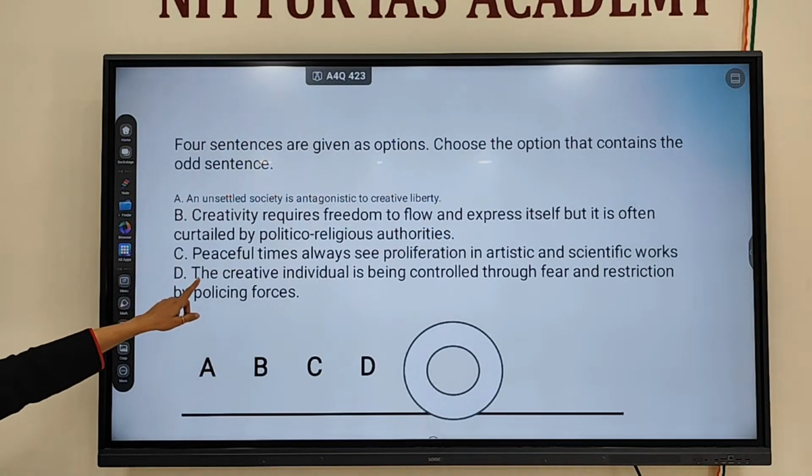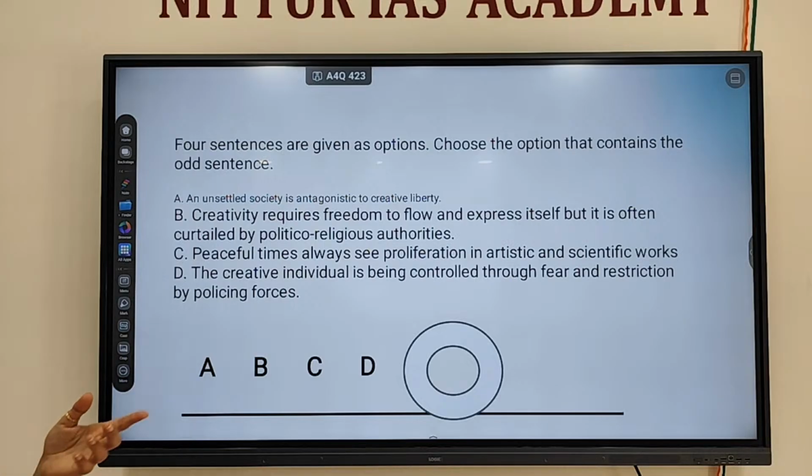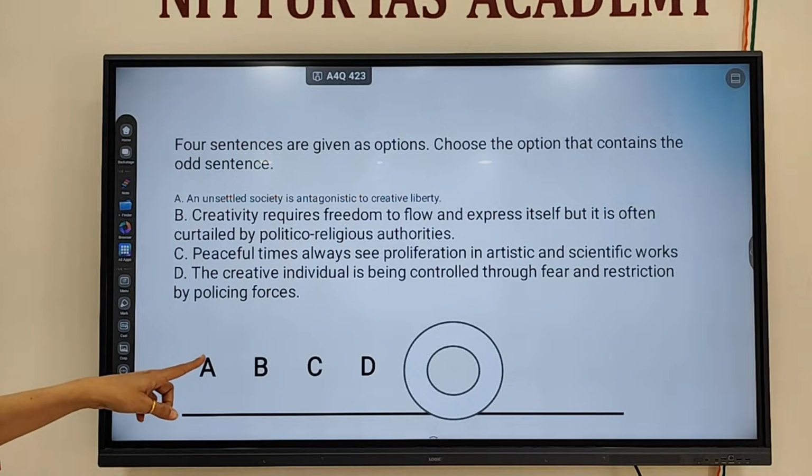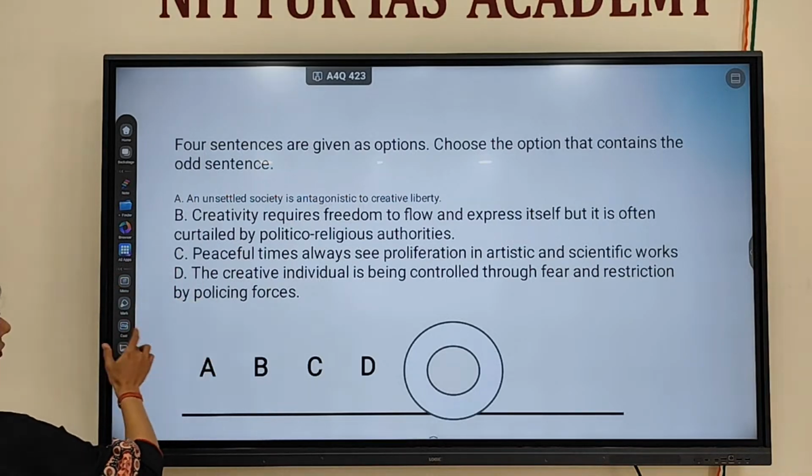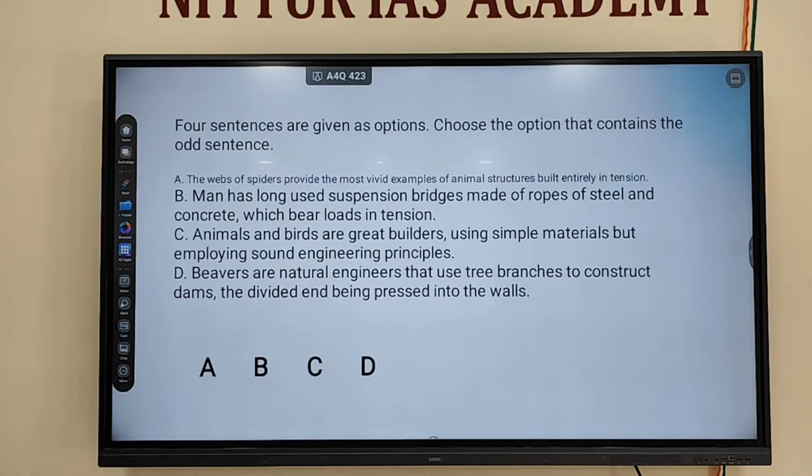So here also they are saying that there are reasons why people have not been able to express or follow. They are controlled through fear, through restriction, through religious or political issues, or through agnostic creative liberty. Okay, and the only sentence which does not express the same meaning is the third one.